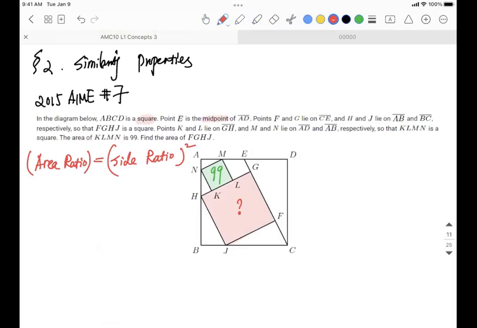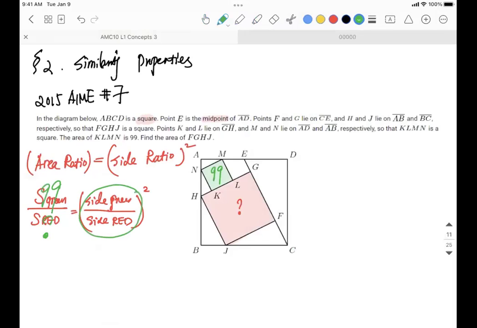So we can put it: the area of the green one over the area of the red one equals the side of green over the side of red, perfect square. The question already gave you this, 99. This is what you want to calculate. As long as you figure out the side ratio, our work is done.